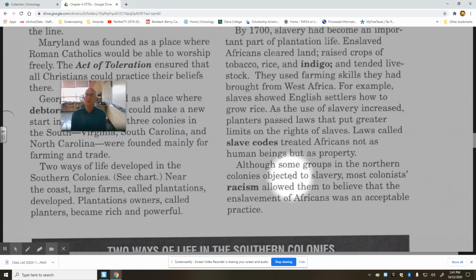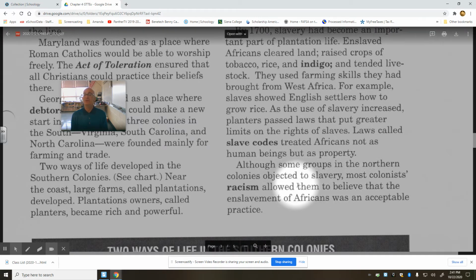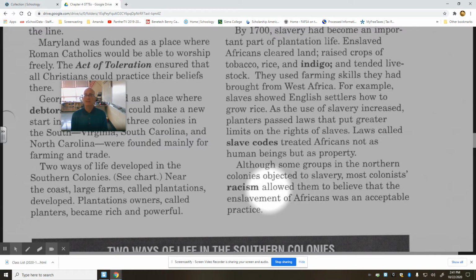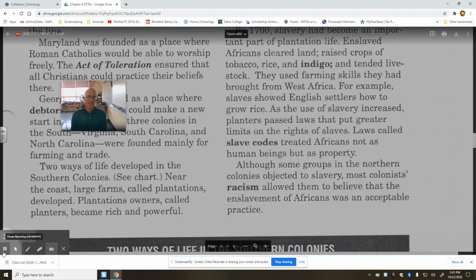But by and large, most Northerners, even though slavery would end in the North long before it ended in the South, in the colonial period, even Northerners who didn't own slaves as much as Southern planters and farmers did, even most Northerners who didn't own slaves recognized that the right to own slaves was a right that Southerners certainly had in the South. So although some groups in the northern colonies objected to slavery, most colonists' racism allowed them to believe that the enslavement of Africans was an acceptable practice.